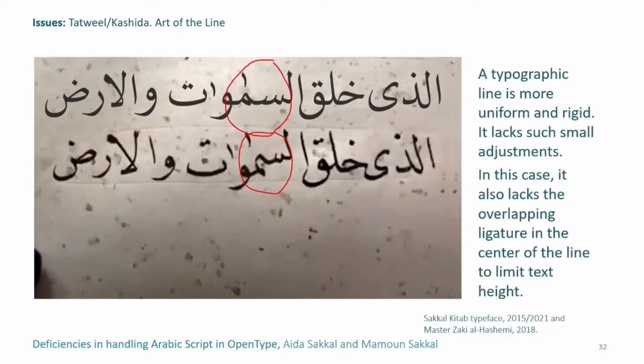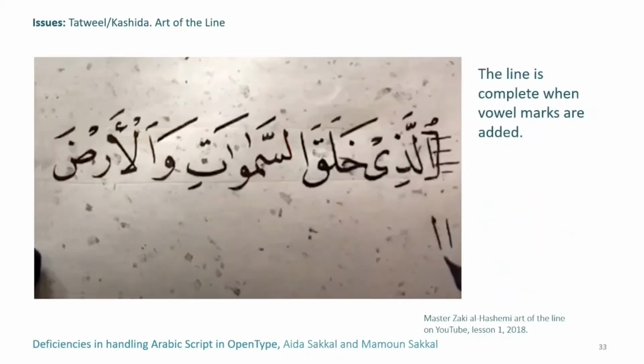We do have this ligature in the initial position, but if a long letter comes before it, it drops down to the baseline. Now, when the vowel marks are added, the line becomes complete, and this here is the intended full composition as a calligraphic line.